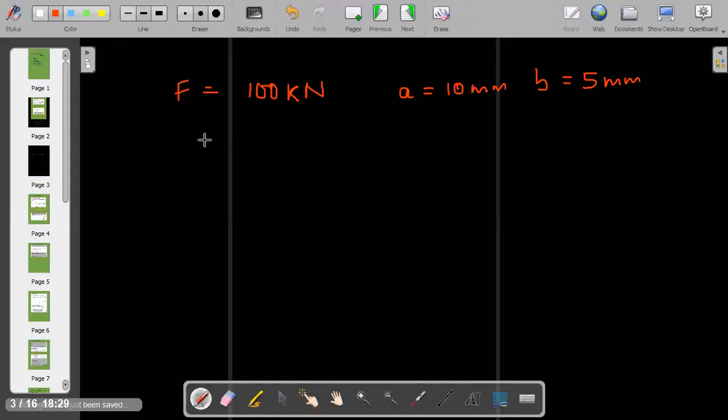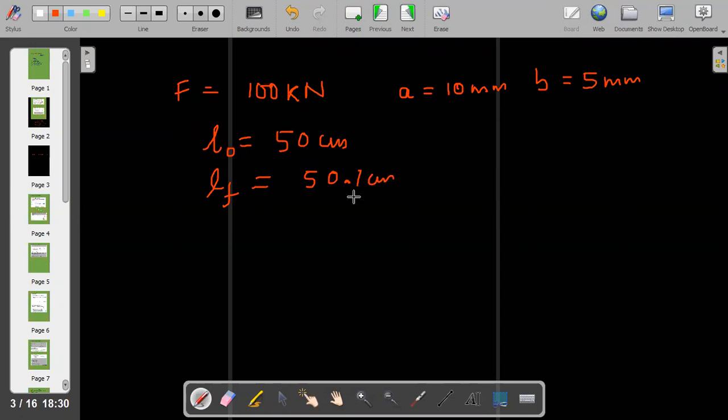Okay, and length is given as 50 mm. Sorry, let's say it's 50 centimeter. This is L naught and L final. L final is given as 50.1 centimeter. Okay? Find the stress and the strain.